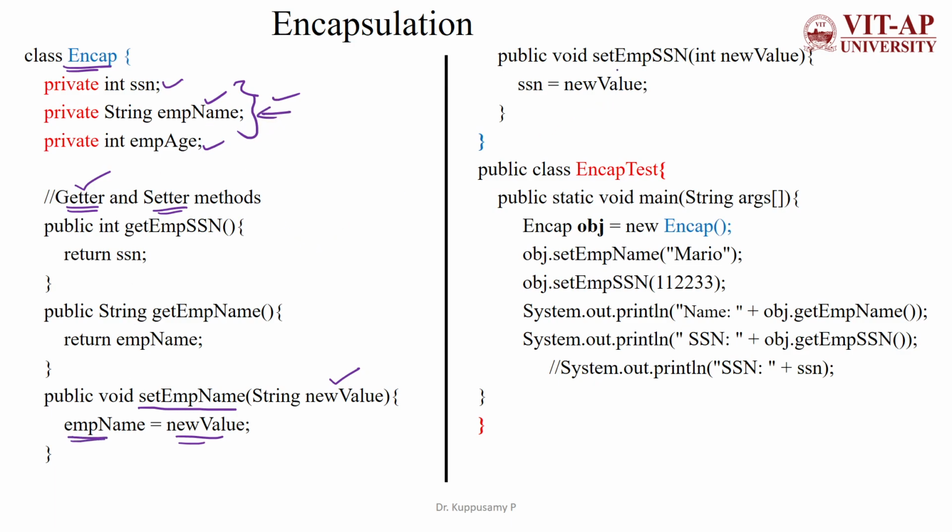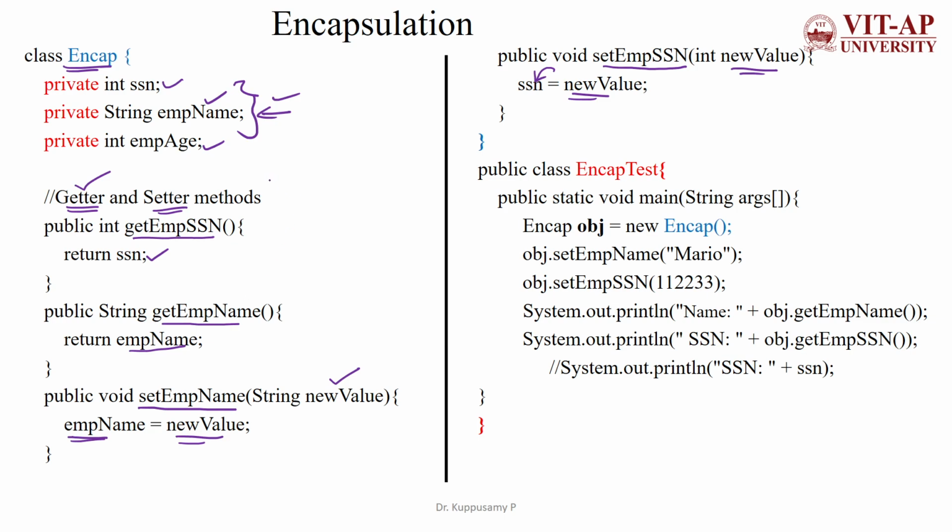Like that, another setter method is set emp ssn, which takes an integer value, and this value is going to be assigned to the ssn. Like this, a getter method is available to access the value of ssn, it just returns the value, and the get emp name getter method just returns the emp name.